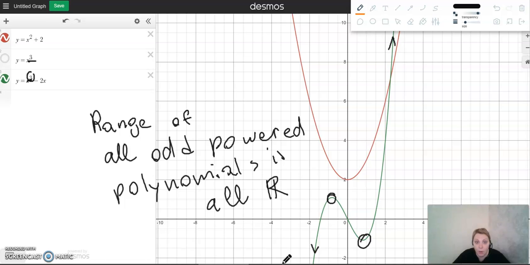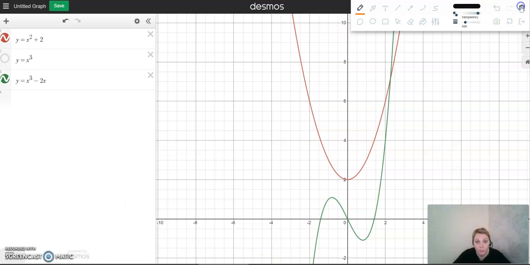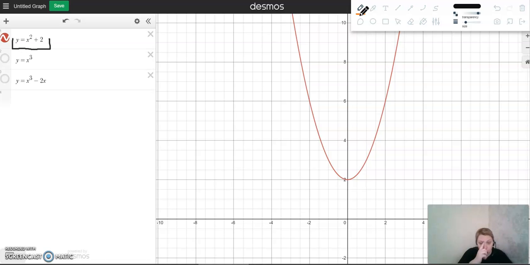Awesome. So what if I'm interested in a min or a max on a given interval? What on earth do I mean by that? Let's say I want to look at my original function, y equals x squared plus 2, but I only want to look on the interval between x equals negative 2 and x equals 1.